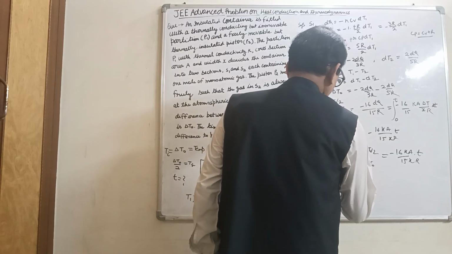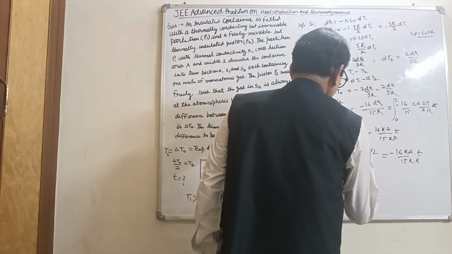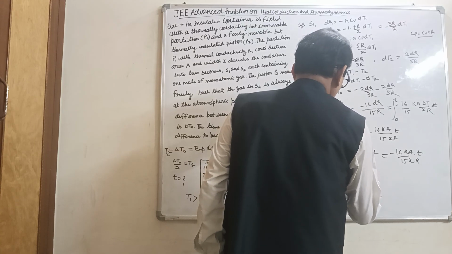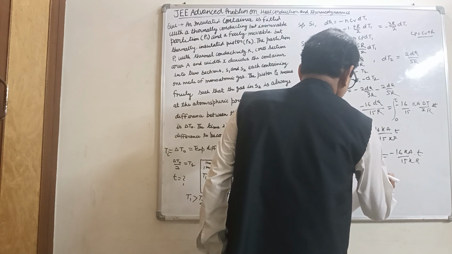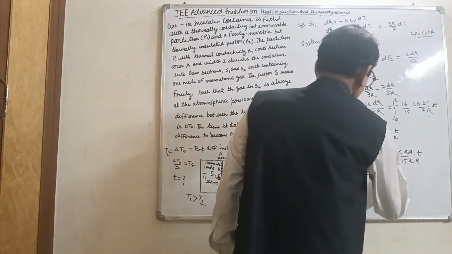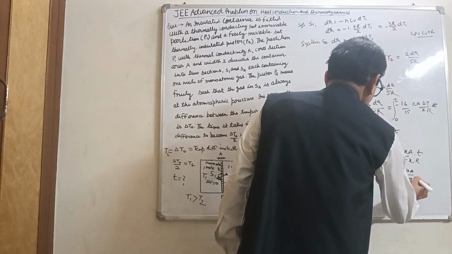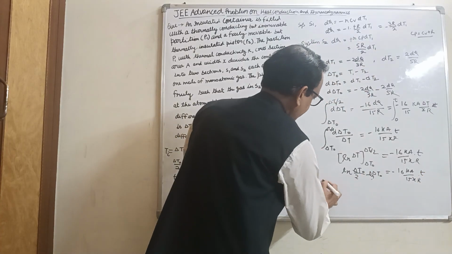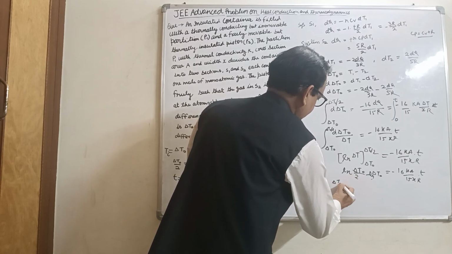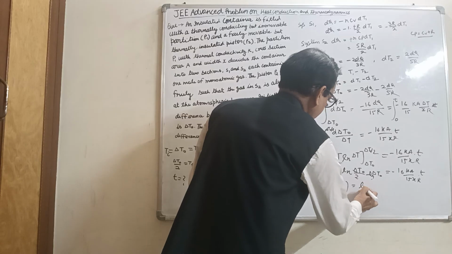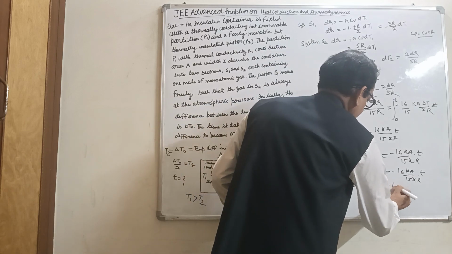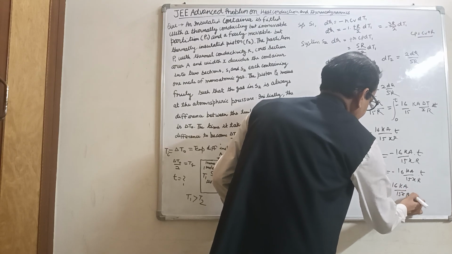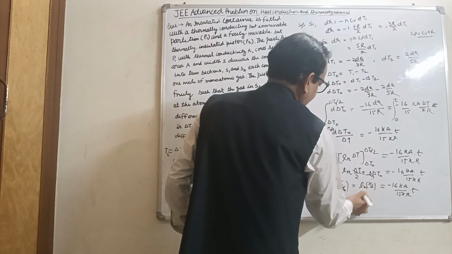And putting the limits, this would be natural log delta T naught by 2 minus natural log delta T naught, equals minus 16 K A by 15 x r into T. So this would be natural log of delta T naught by 2 upon delta T naught, the delta T naught cancels, and this would be natural log 1 by 2, which is minus natural log 2.